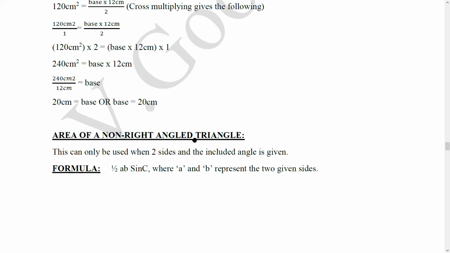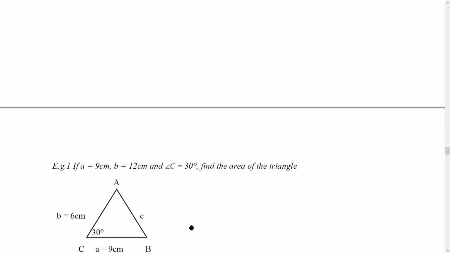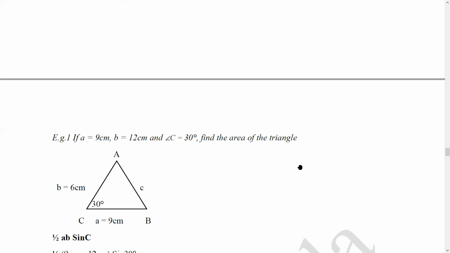So the area of a non-right angle triangle can only be used when two sides and the included angle are given. The formula is a half of AB sine C, where A and B represent the two given sides. So this is where things get a little complicated now, right? If A is 9 centimeters and B is 12 centimeters and angle C is 30 degrees, find the area of the triangle.